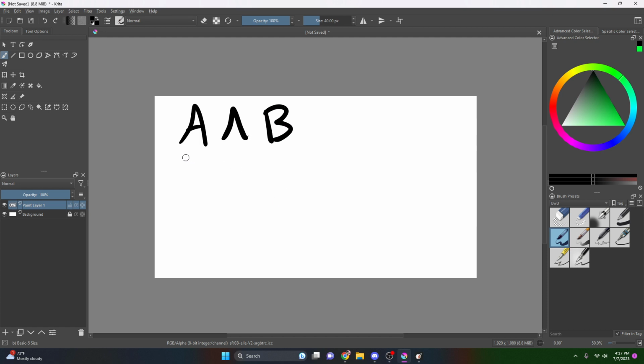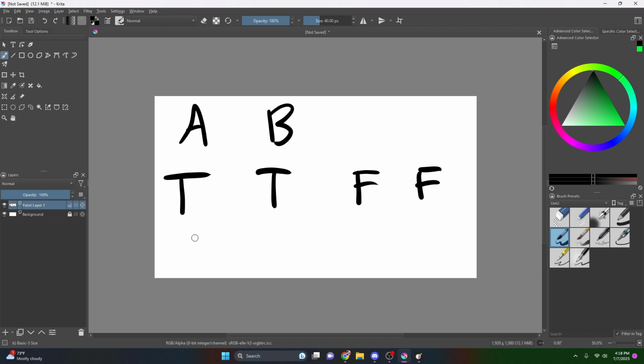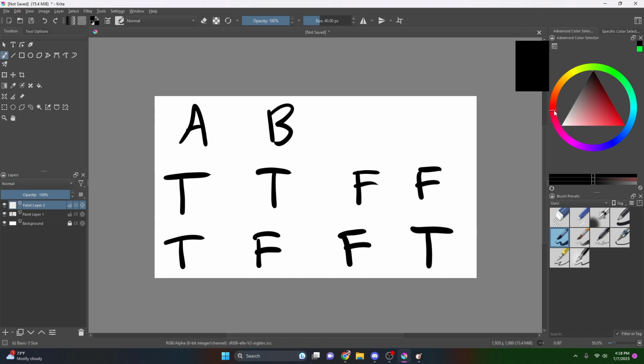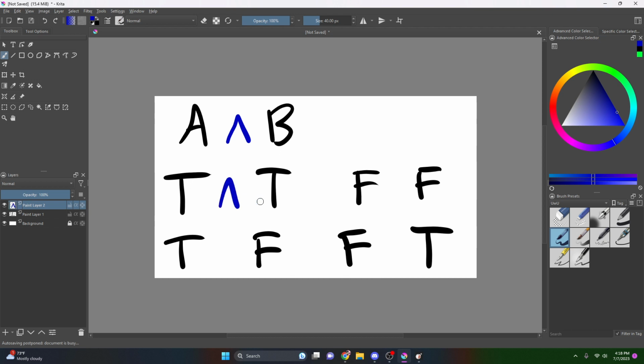Our possible answers could be this, or let me do this and then draw out these. These are our possible things we can come up with, and I'll put the operator in blue. So this is our operator.